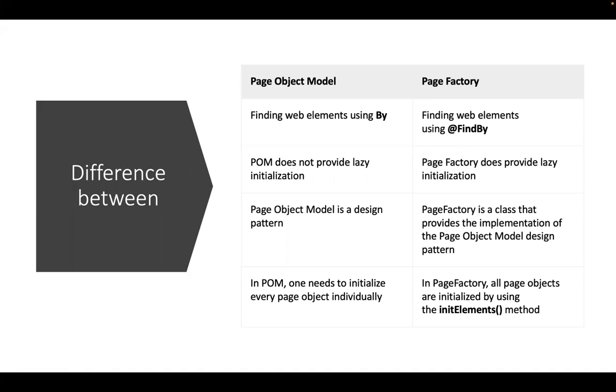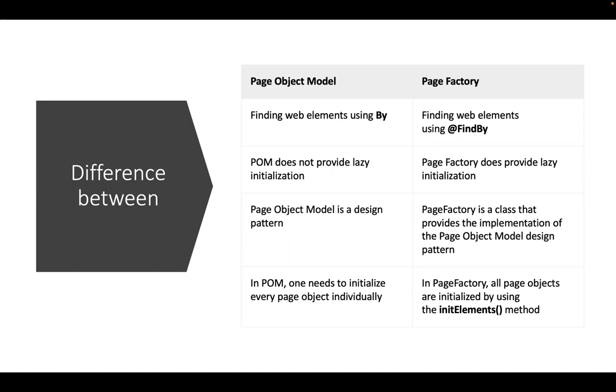Page object model does not provide any lazy initialization, because it's not even initializing the web element. It's just declaring the properties. But page factory first initializes all the web elements as null, which is called lazy initialization. Post that, whenever we call the PageFactory.initElements method, it will actually initialize the elements.